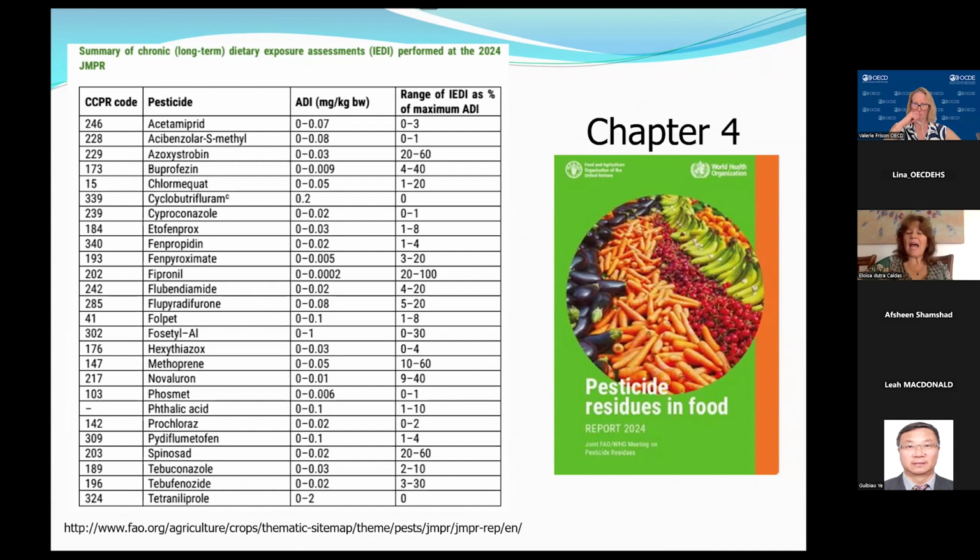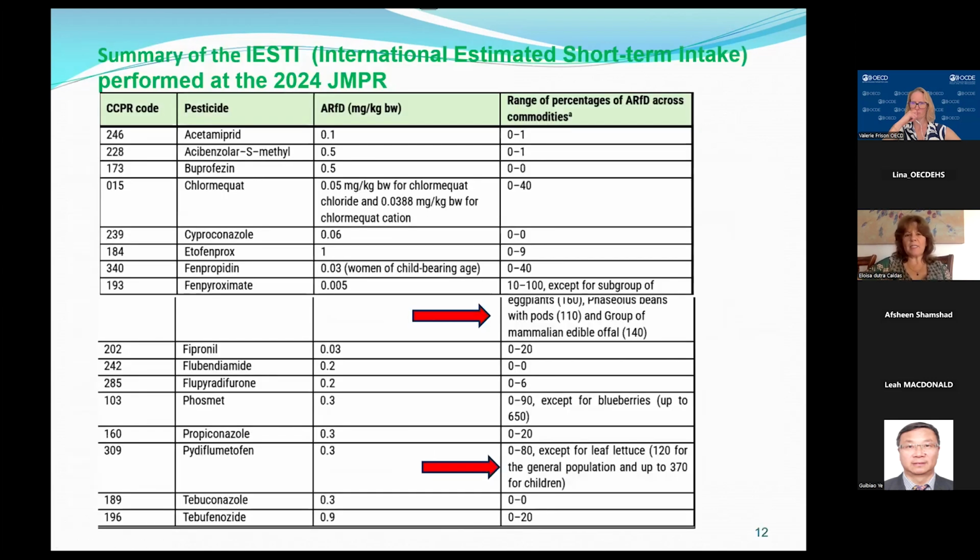The highest percent of the ADI was 100 for fipronil, but for none of the compounds did the percent of the ADI exceed 100%, so everything was okay. And these results are summarized in chapter 4, and the details of this assessment are in the annex. Next slide, please.